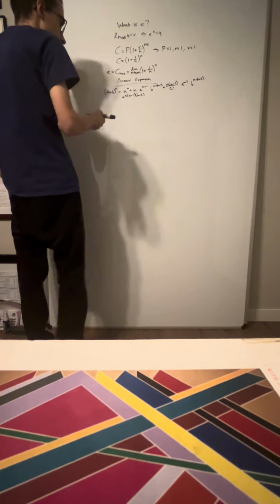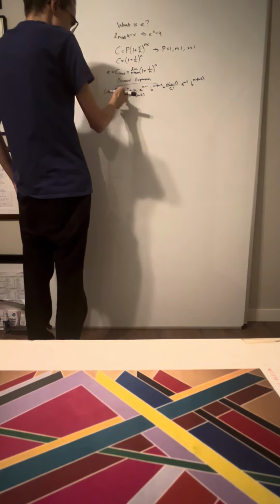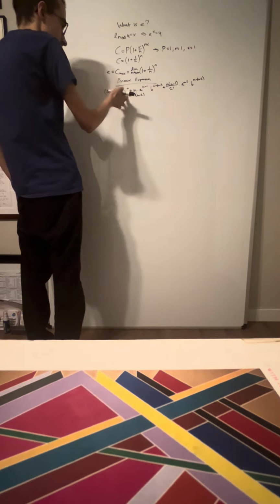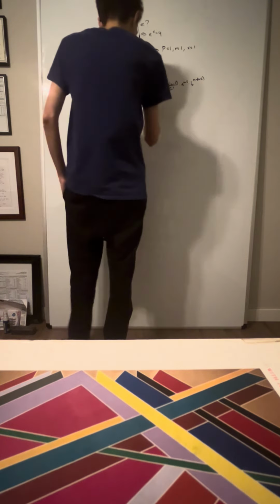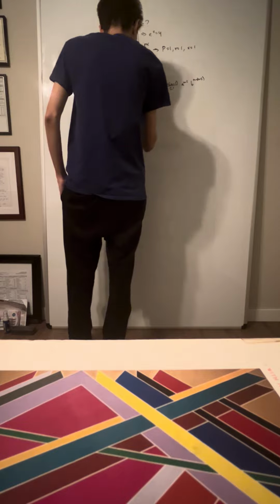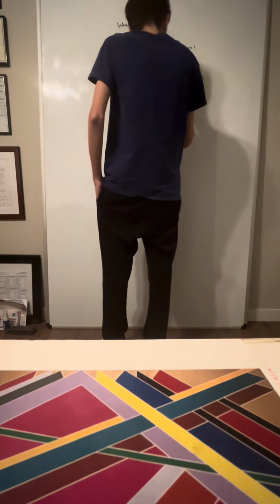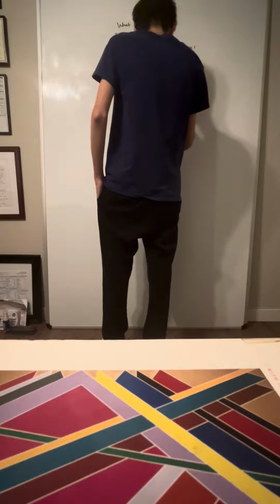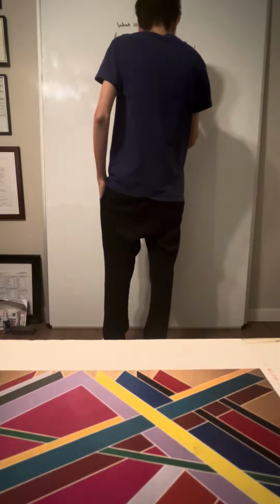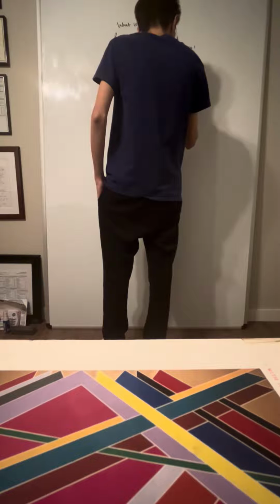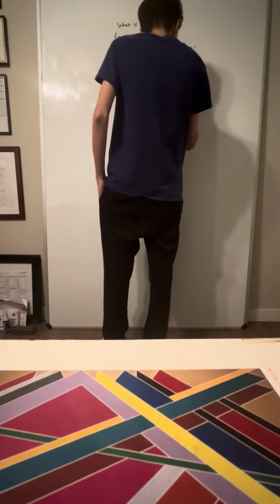So really, if you think about it, this contributes an n minus 0 piece, but we don't need to write that, so it's just over 3 factorial times a to the n minus 3 power times b to the 3.